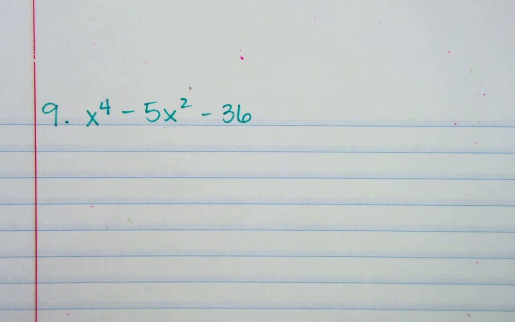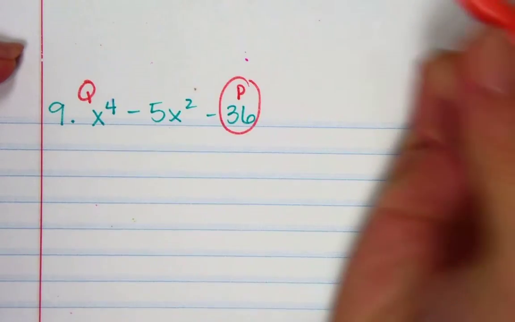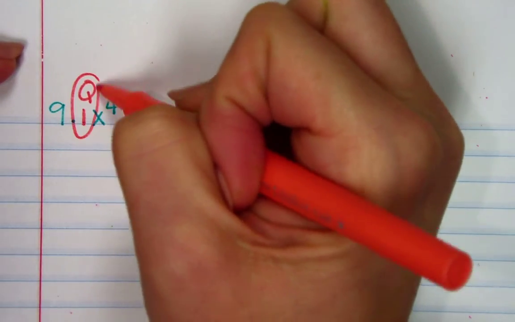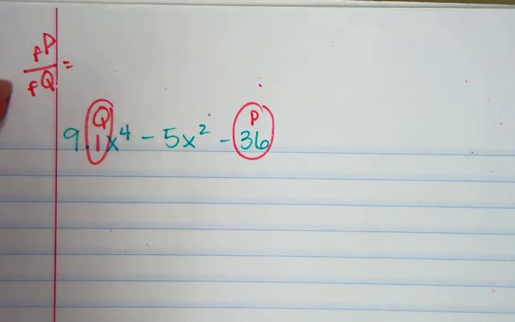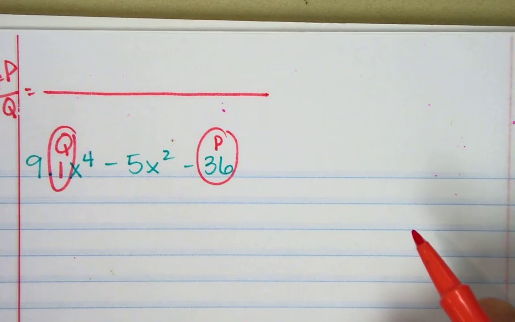Okay, so what did we say was going to be the first thing that we do when we're trying to find our zeros? P and Q. What's our P? 36. Okay, and our Q? 1. Okay. So factors of P over the factors of Q. All right.